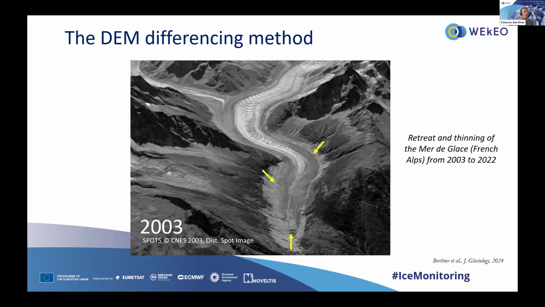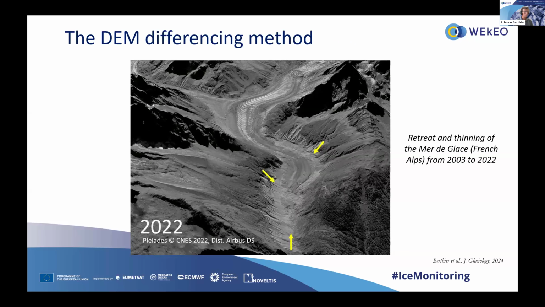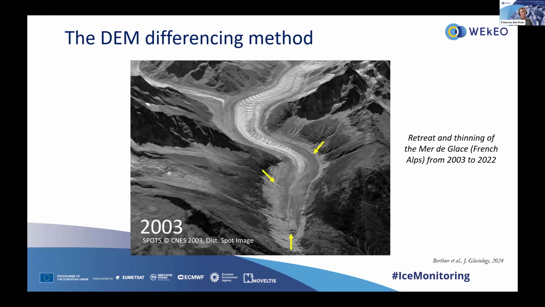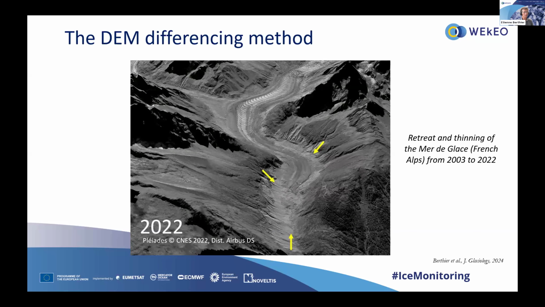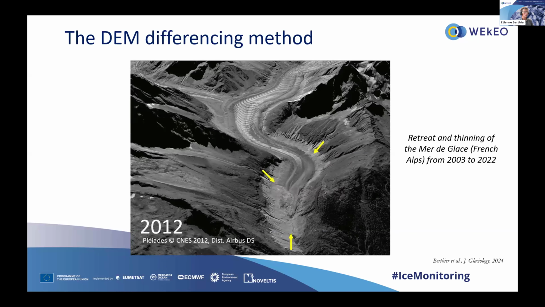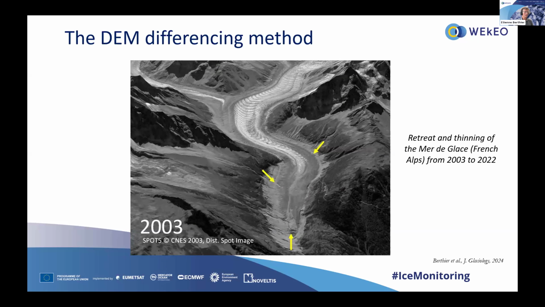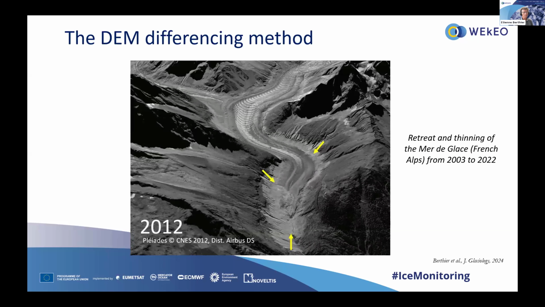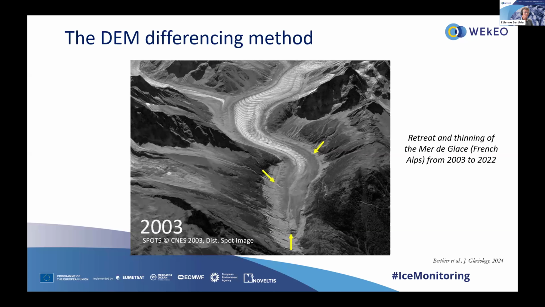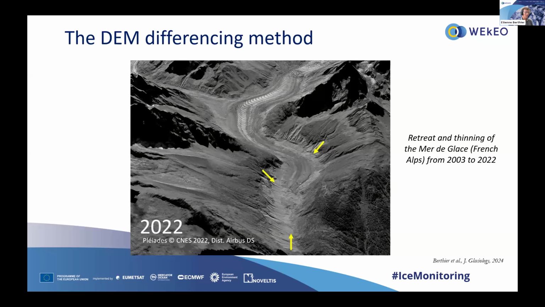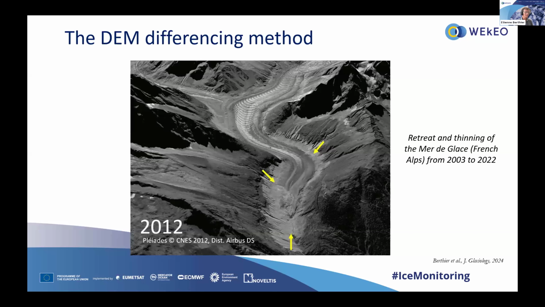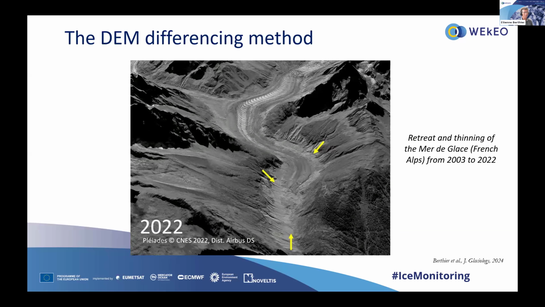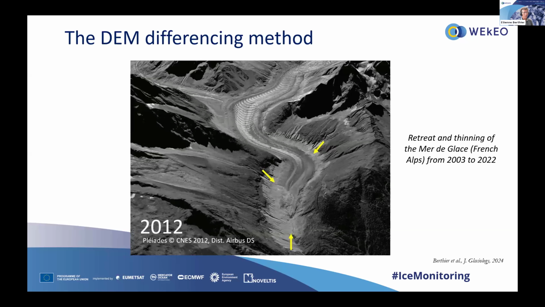and allows measuring glaciers over a long time period at the global scale. To illustrate the principle of this method, I show this animation showing the change of the Mer de Glace, a glacier tongue in the French Alps, between 2003, 2012, and 2022. This is derived from images and digital elevation models from Pleiades in 2012 and 2022, and SPOT5 in 2003.